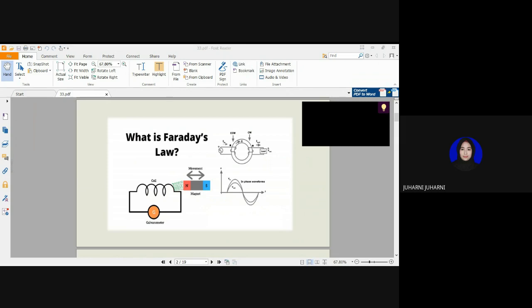After Faraday, Joseph Henry, who belonged to America, also worked on electromagnetic induction. But the final details of this phenomenon were first published by Faraday. To find this, he performed an experiment.